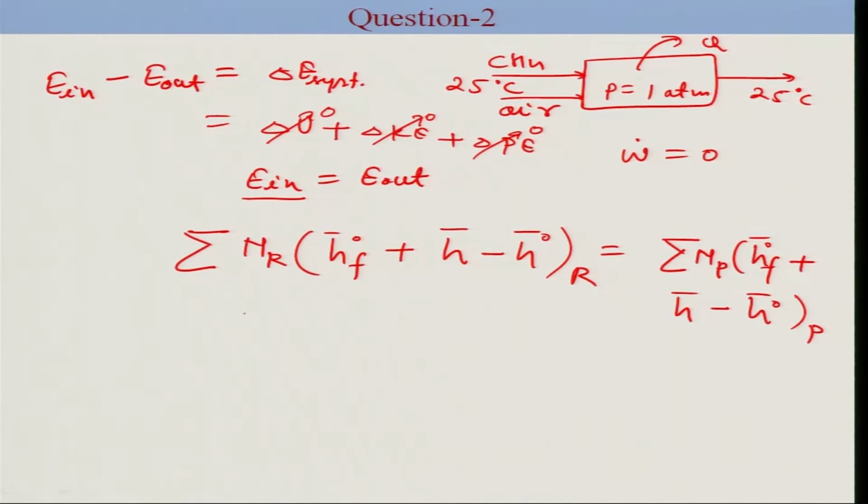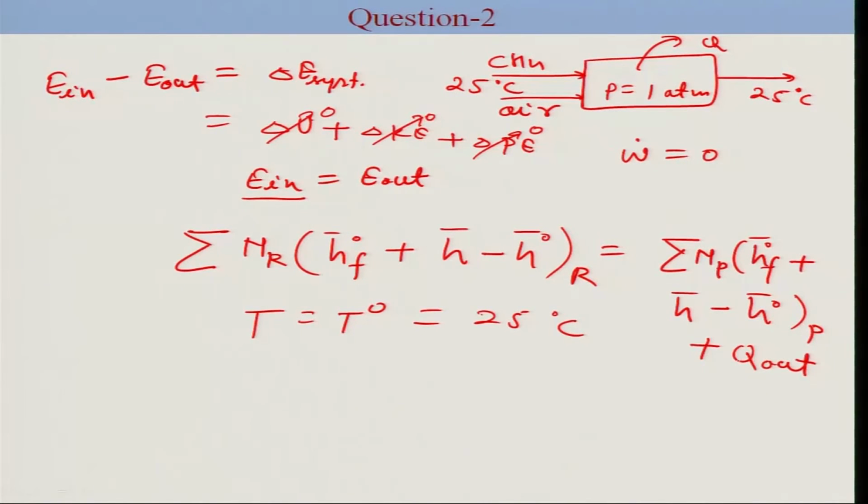Since working temperature and reference temperature are the same in this case, T equal to T naught, which is 25 degrees centigrade. One more thing is missing here, Q is coming out. So, Q out will be there.